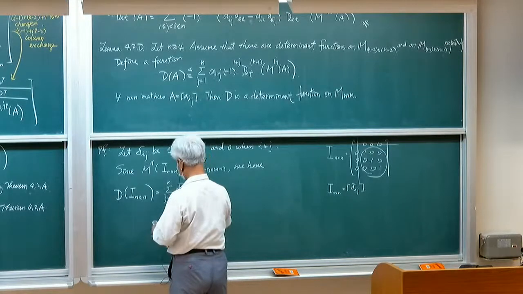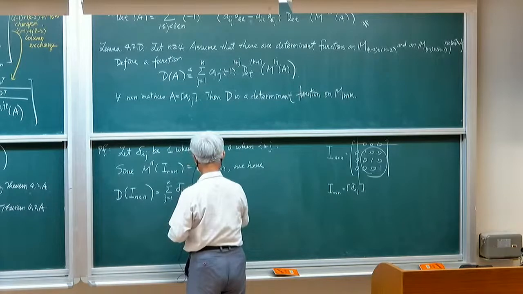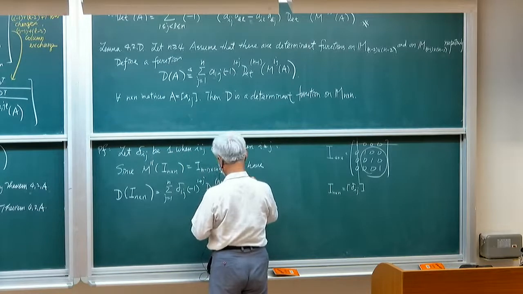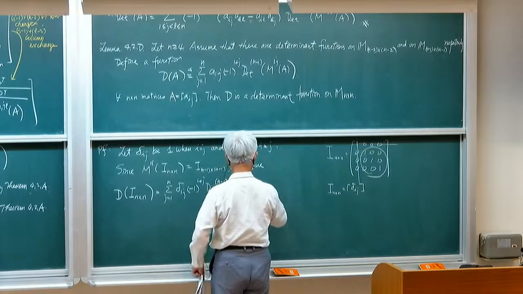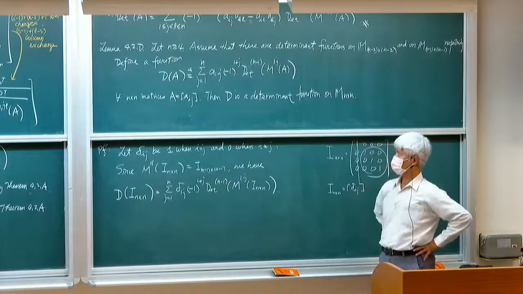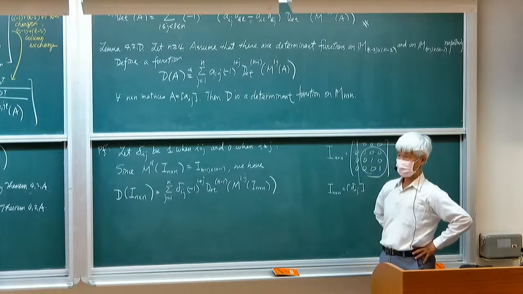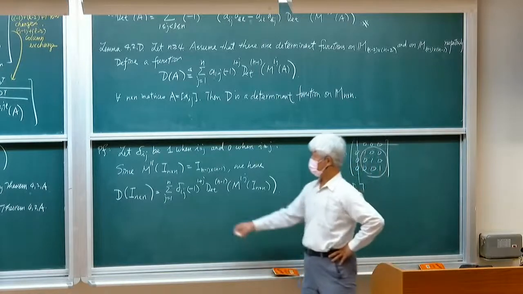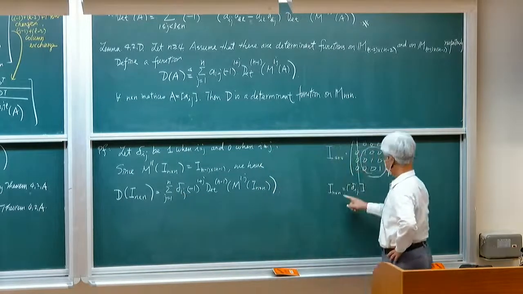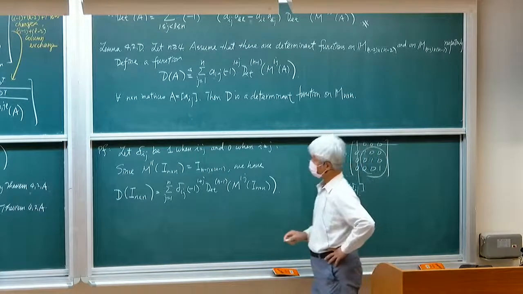Minus 1 to the power 1 plus j, determinant of the M1j minor of the identity matrix. So by definition, delta 1j is just the 1j entry of the identity matrix.